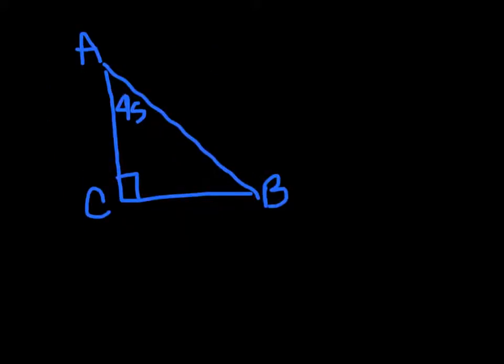Let's try another one. We're given a triangle ABC such that AB is equal to 10. Oh, look, we have a hypotenuse. Remember our steps. Divide by 2, multiply by the square root of 2.